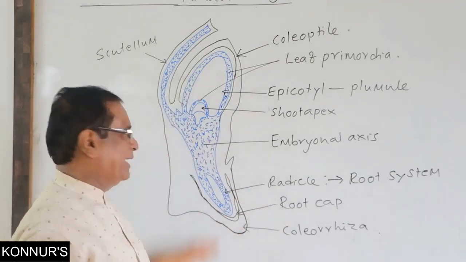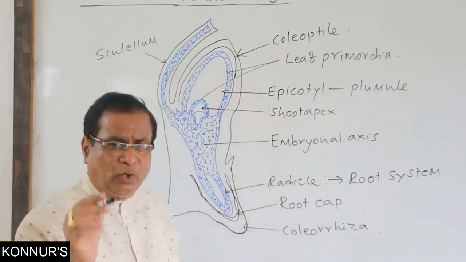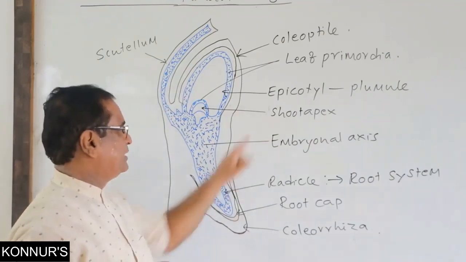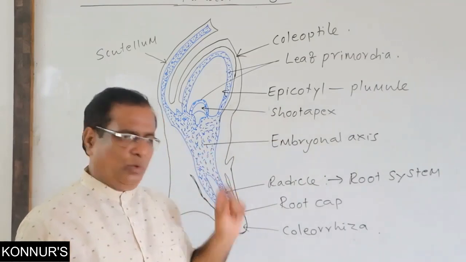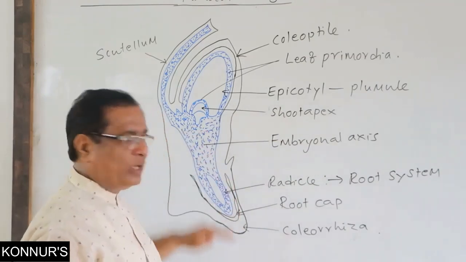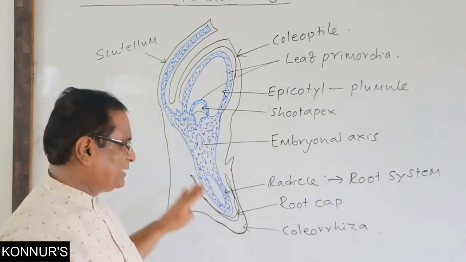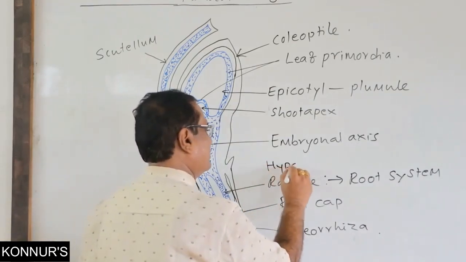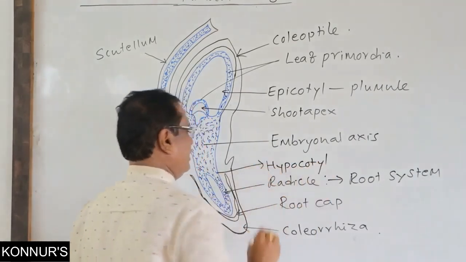In this embryonal axis, the part of the embryonal axis above the position of scutellum is named as epicotyl. That terminates into plumule. And the portion of the embryonal axis below the position of scutellum is named as hypocotyl.